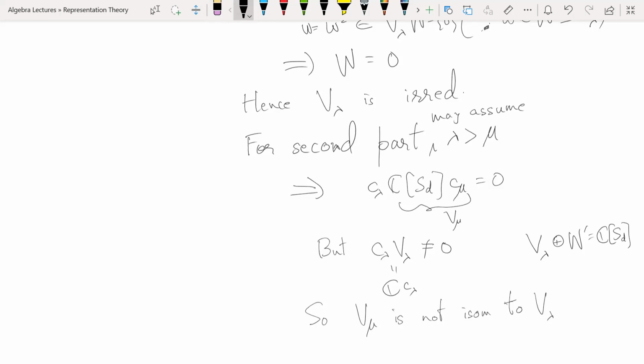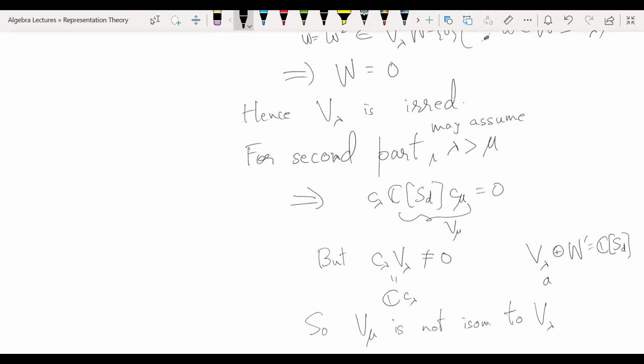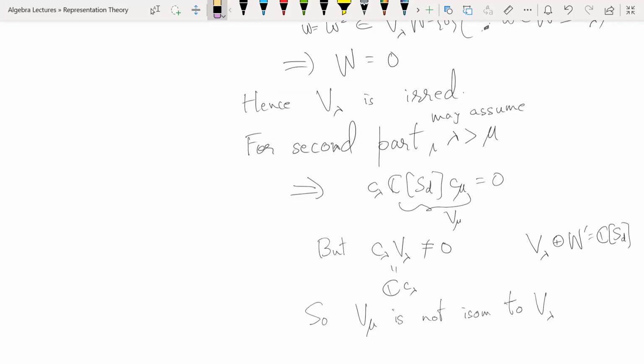Say there is an idempotent corresponding to V lambda. Let's call that idempotent X. So V lambda is also CST X, but it's also CST C lambda.